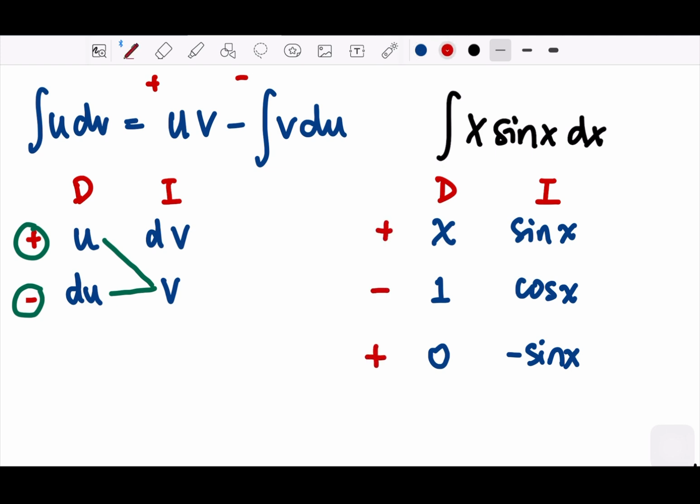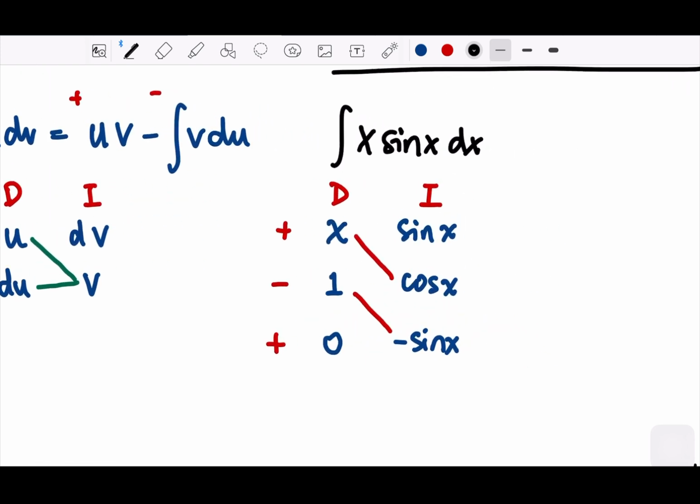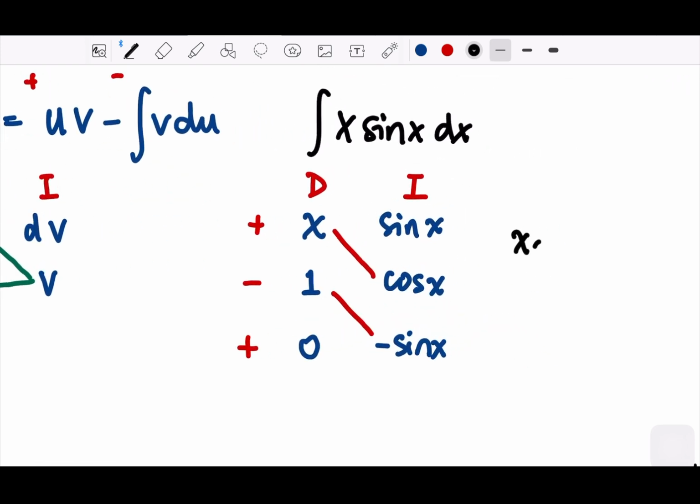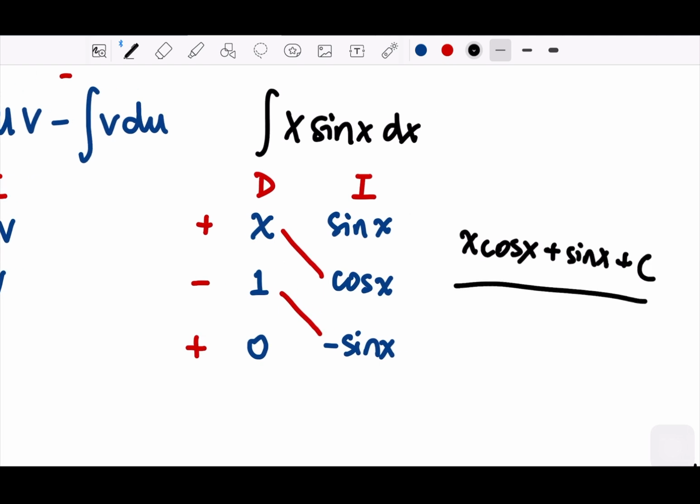We multiply, and 0 is just 0, so we don't multiply that one. So this will be negative x cos x plus sine x plus c. Very fast, right?